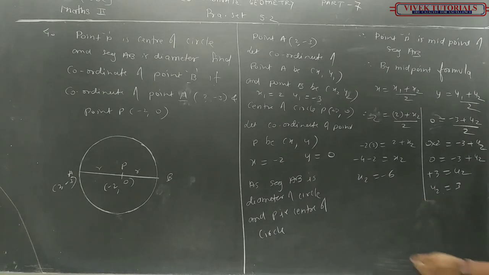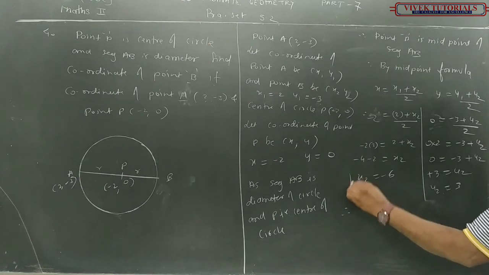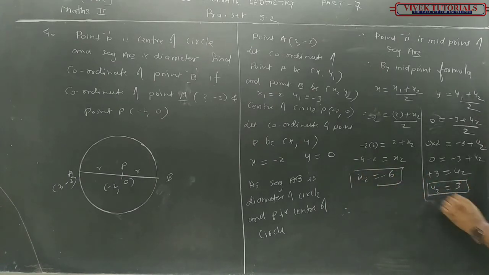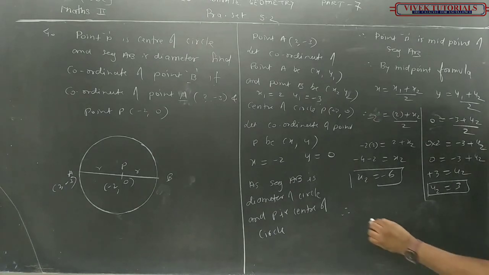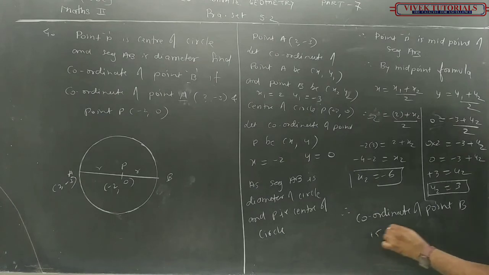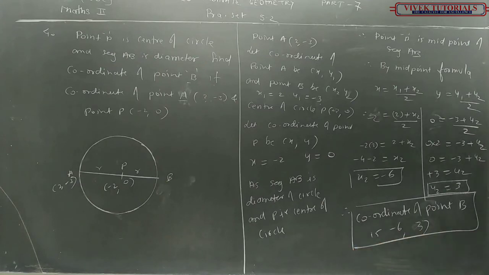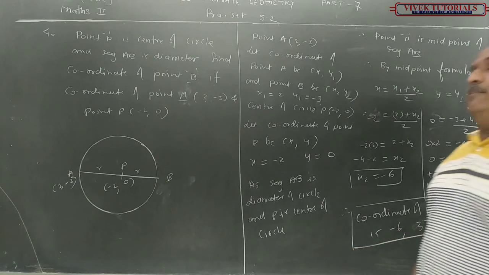Therefore x2 is equal to -6 and y2 is equal to 3. So these are the coordinates of point B: (-6, 3) is the answer.